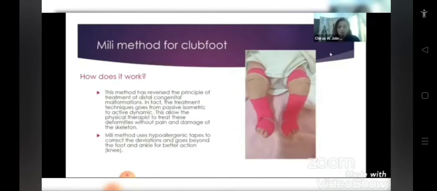Mili method uses hypoallergenic tapes to correct the deviation and goes beyond the foot and ankle for better action. When I say beyond the foot and ankle, I mean he goes to the knee. He starts the treatment from the knee.